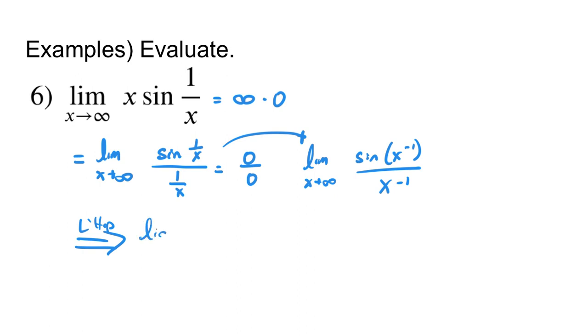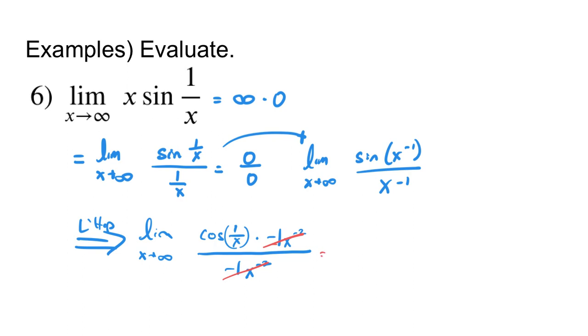So it's the limit as x approaches infinity of the derivative of the sine of Bob, which is the cosine of Bob times d Bob. Let's see here. That's negative 1 times x to the negative second power over, and then the derivative of the bottom, negative 1 x to the negative second power. Hey, I can actually apply some algebra here. Check it out. Those will cancel out.